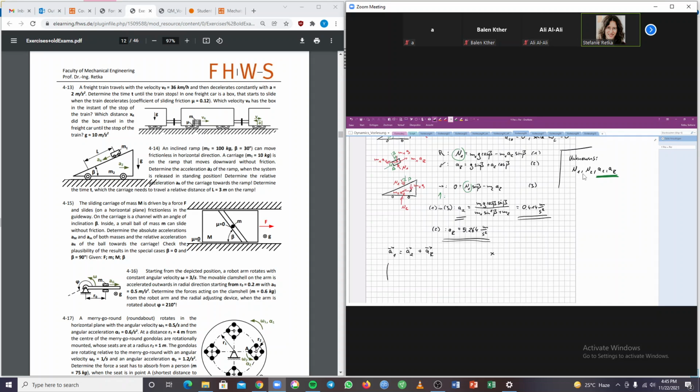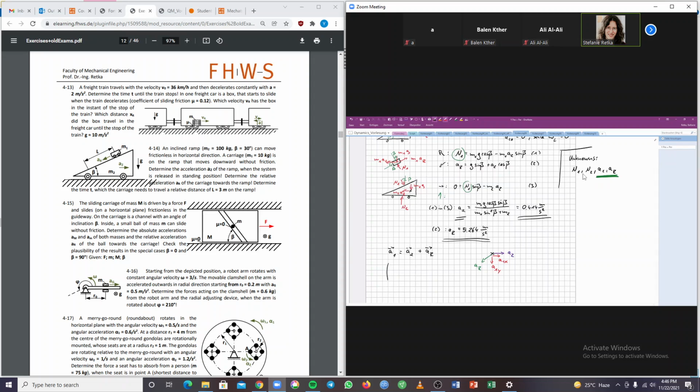I will use this x as our center of gravity of the mass M2. What we do know is that A2 points in this direction and AR points in this direction. Now we can assume the components of the absolute acceleration a1 like this, a1y and a1x.